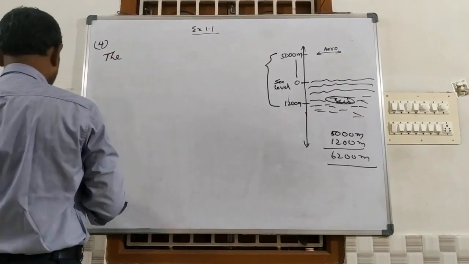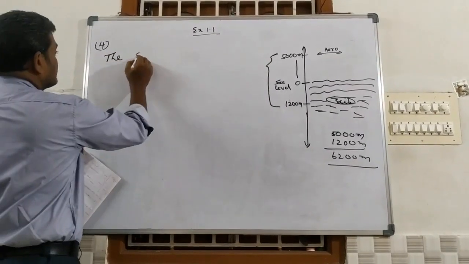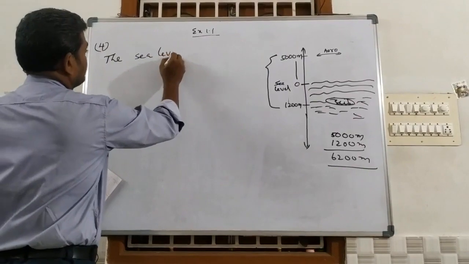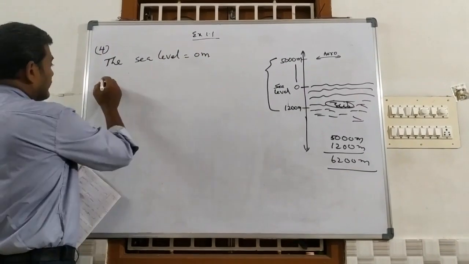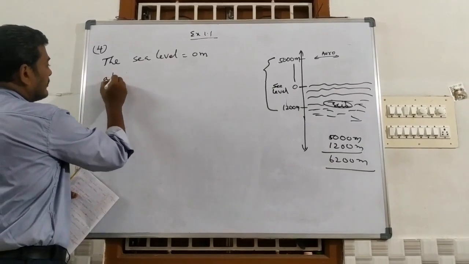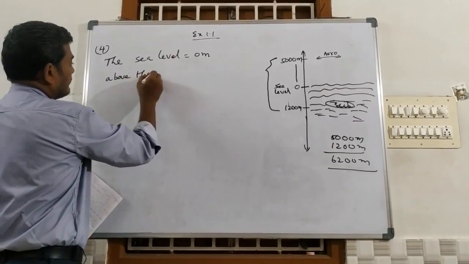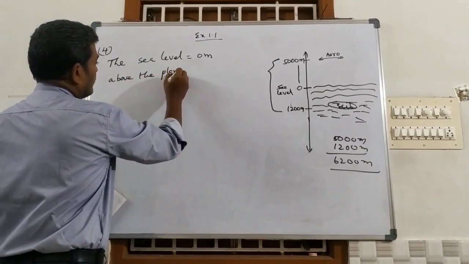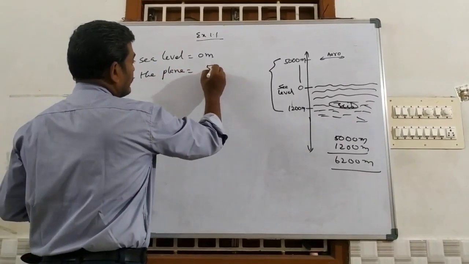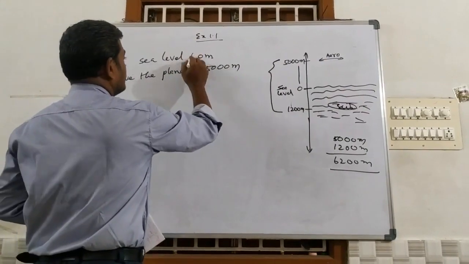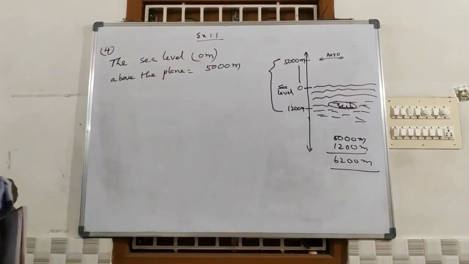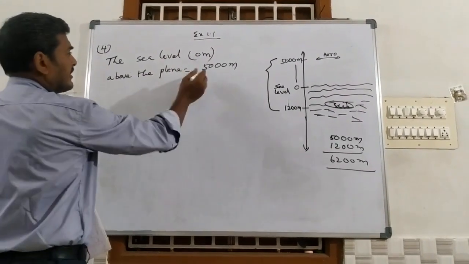The sea level equals 0 meter. Above the sea level, the plane is 500 meters.